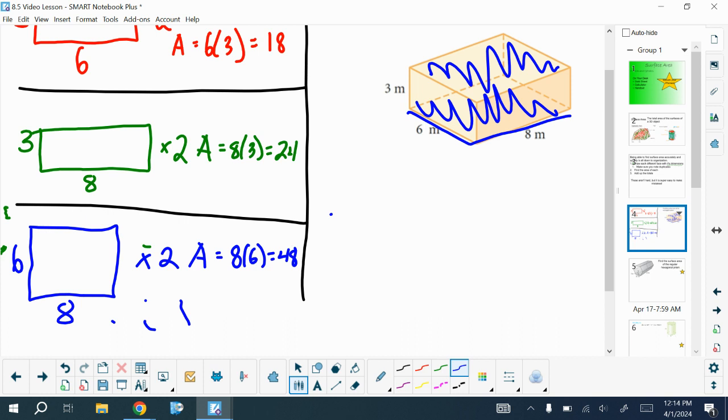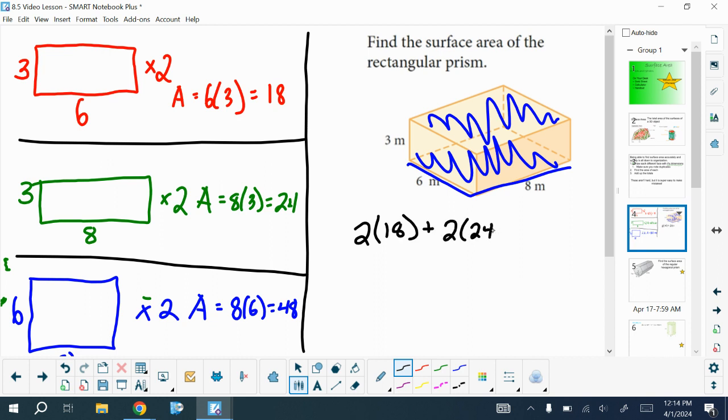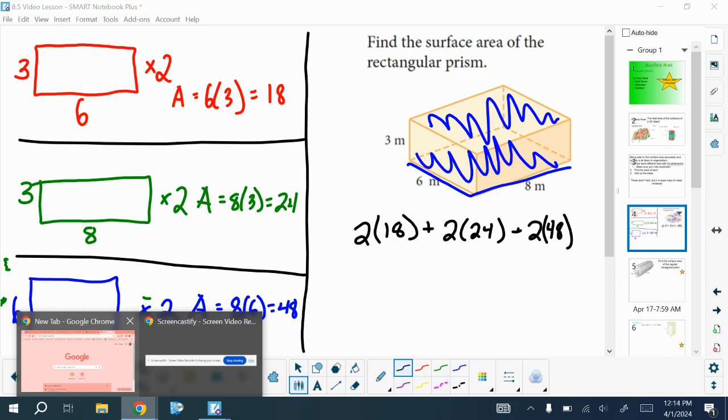Now, those are just individual shapes. I haven't actually done the 2 of them yet. I like to do it at the end, but that is really entirely up to you. So what I do now that I found each individual shape is I go through and I just combine them all together. So I will write, I need 2 of my 18s and 2 of my 24s and 2 of my 48s. And I will usually just let a calculator handle that, right?